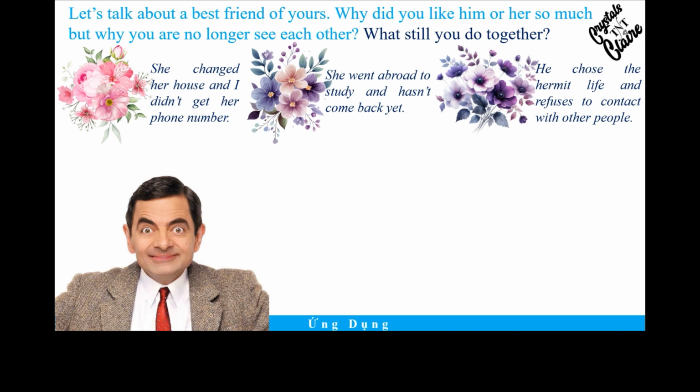Yes, he doesn't want to meet anybody, including his family members. How can I meet him? He wants a hermit life. He doesn't hate me. He still loves other people, but he just wants to have a private life, a hermit life.